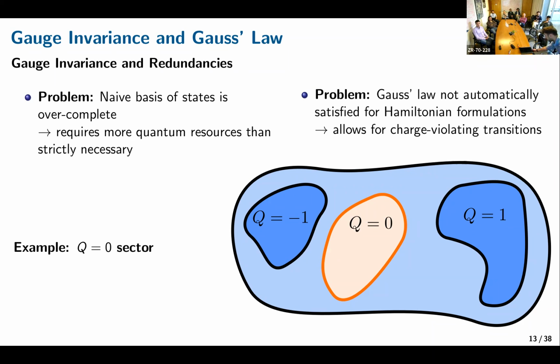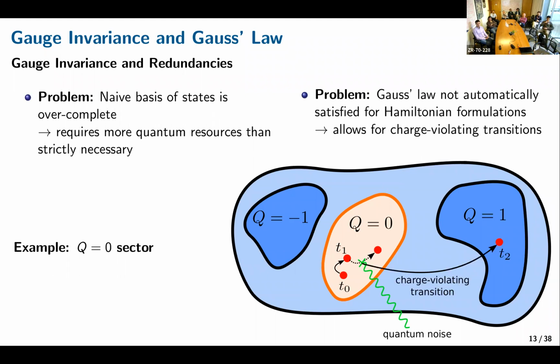As you do your calculation, let's say you initialize your state at t0 in your physical Hilbert space. If you time evolve in a noiseless quantum computer, you would stay within this Hilbert space. But as you are time evolving, say you get quantum noise from your quantum computer. There's some interaction with the quantum computer and its environment in an uncontrolled way, and that can kick you out of your physical Hilbert space and cause a charge violating transition. So these are two issues that can happen when you're dealing with such a Hamiltonian.